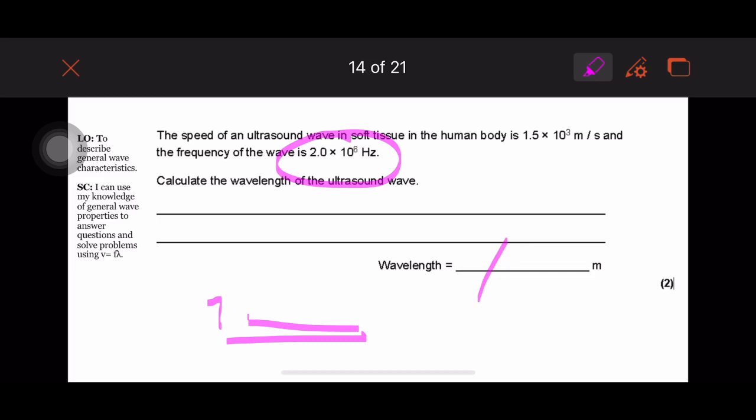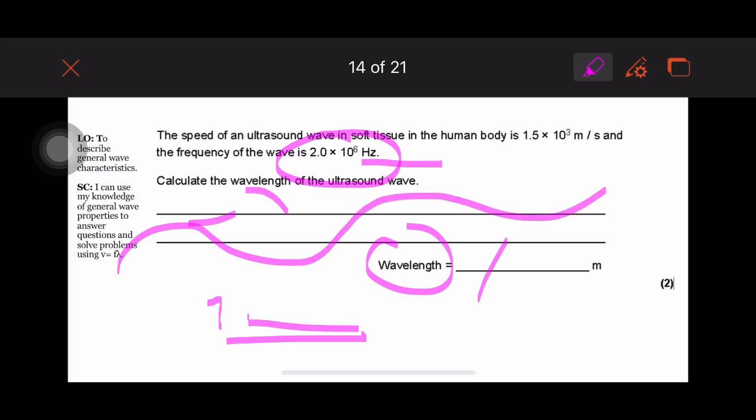So that is the consequence of being a high frequency sound. The wavelength will be very small. If it's a low frequency sound, then the wavelength will be very big, like water waves. If it is a sound wave or an ultrasound, then the wavelength will be very tiny.